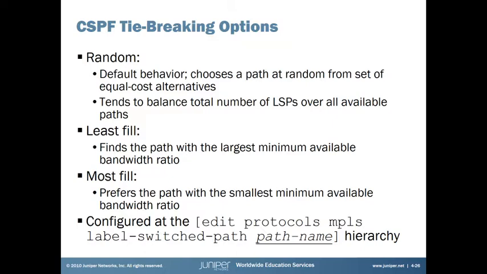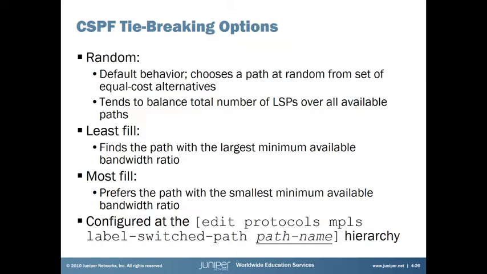Then there's the most filled path. With most filled, it would choose the path that is already 80% filled and has only 20% left. So why would you choose that? Well, maybe our goal is to fill up all the paths completely and then allow other paths, which are not filled and have bandwidth available, to be populated with new paths.